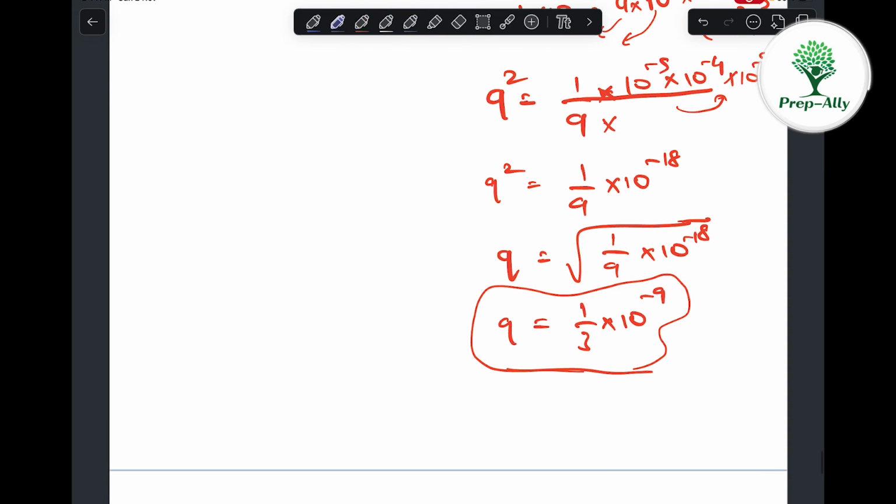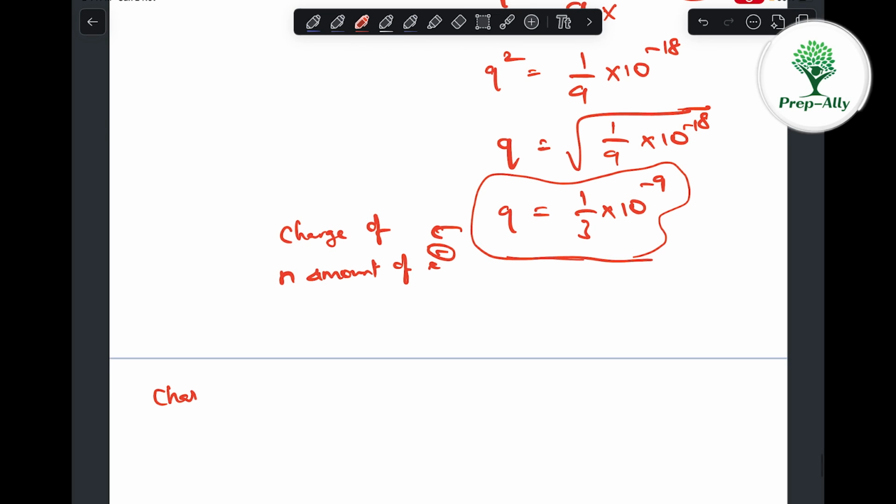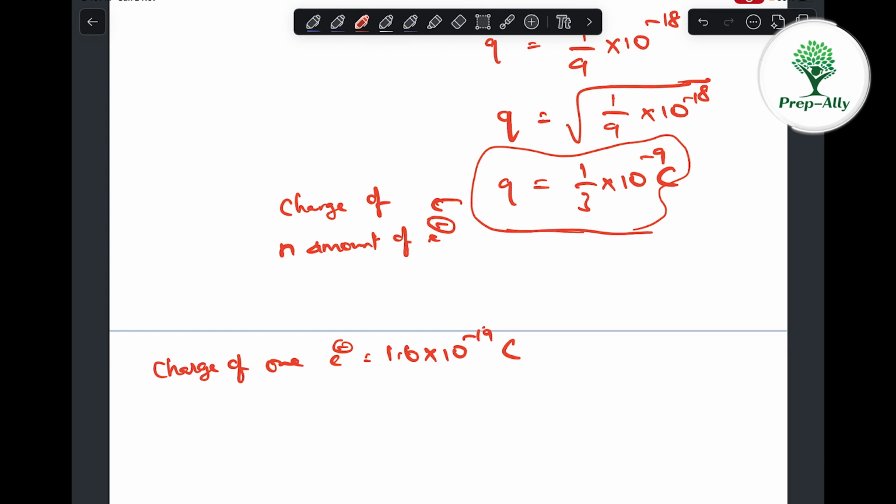And what about the charge? This is the charge of n amount of electrons. I know the charge of one electron is 1.6 into 10 power minus 19 coulomb. So how do I calculate the number of electrons?